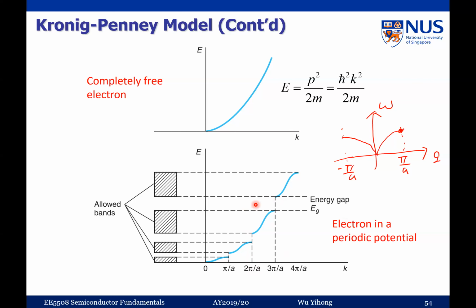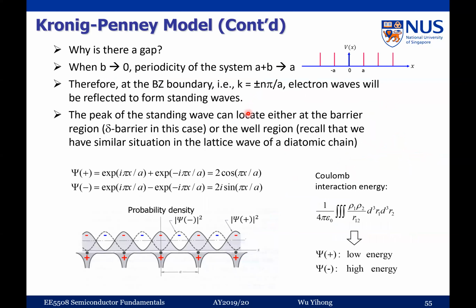So what happens here is that you have a reflection of the electron wave. Once you have a reflection, you have both a forward-going wave from left to right, and a backward, reflected wave from right to left. These two waves will interfere with each other. The interesting thing is that this reflection will give you two types of standing wave.